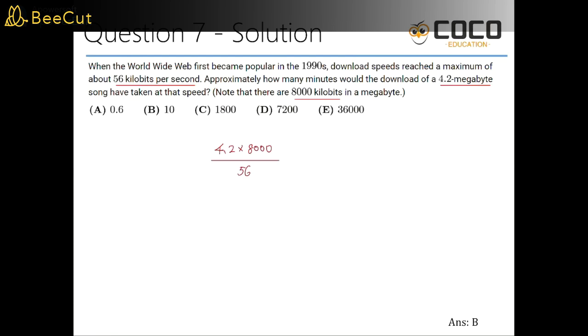This gives us the number of seconds. Simplify this. Divide by 8 equals 1,000. 56 divided by 8 equals 7. 4.2 divided by 7 equals 0.6. So this becomes 0.6 times 1,000. This is 600 seconds. So 600 divided by 60, this is 10 minutes. Answer is B.